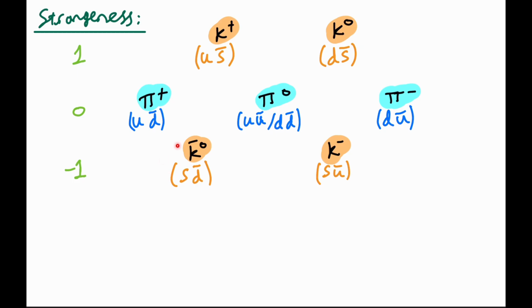So this is the antiparticle, and then you have a strange particle and an anti-up particle together, they create the K minus particle. And again, you can check the charges, and they should make a -1. So that's how you know that it's a K minus, because it has strangeness and it has a negative charge.